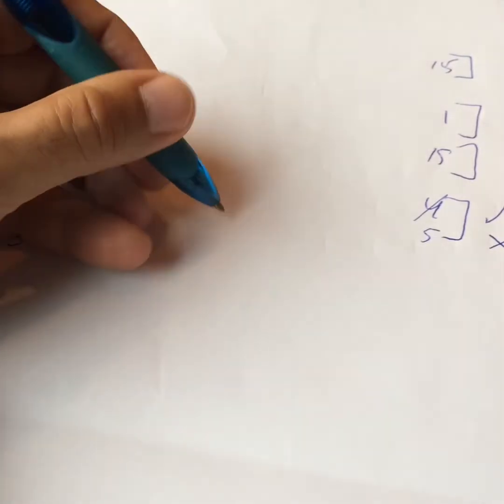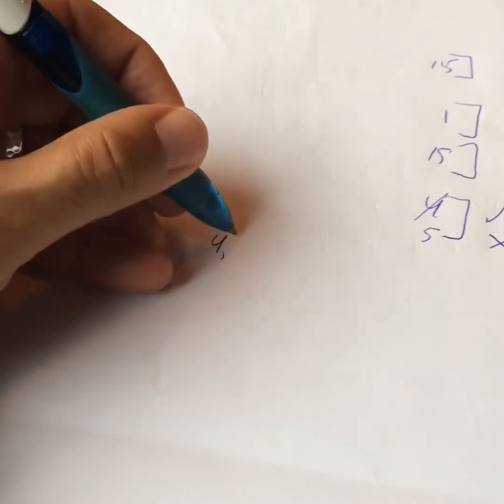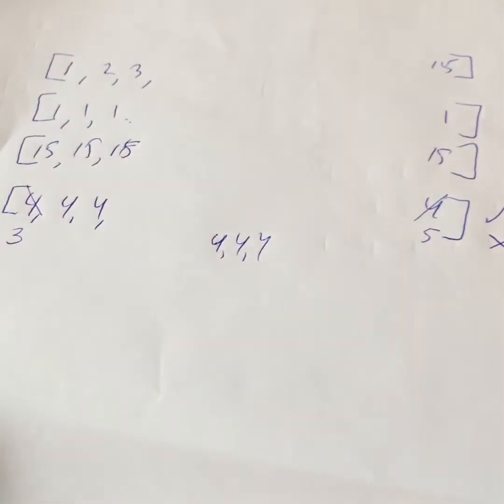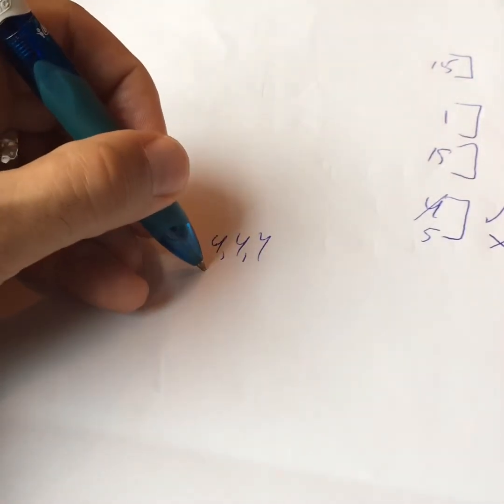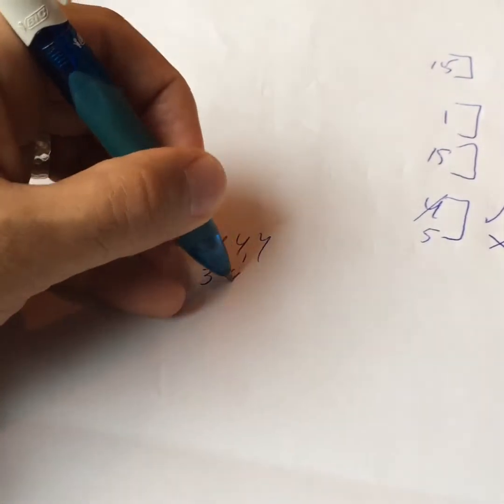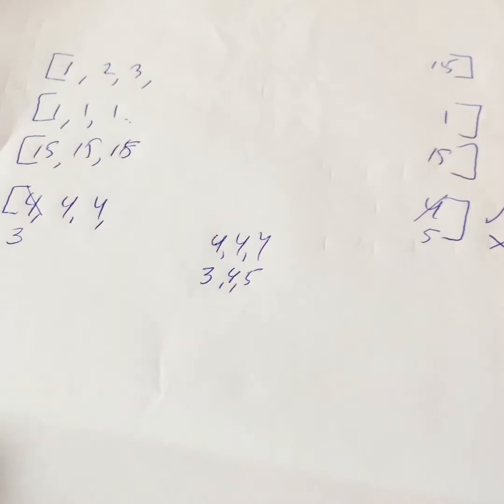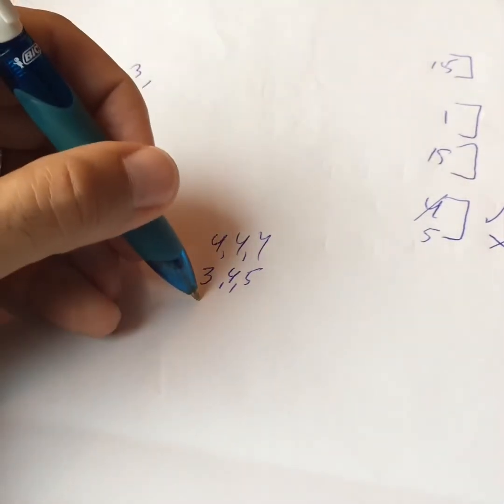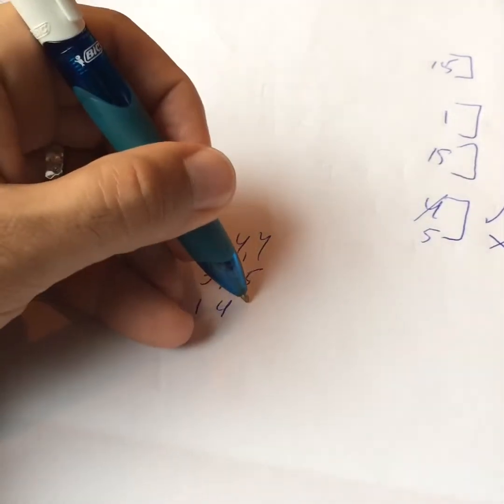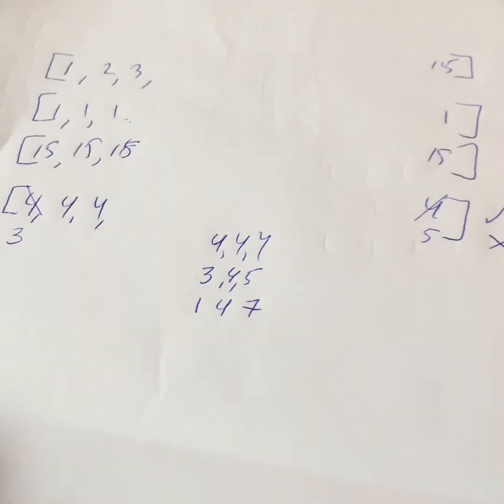Start easy, and clearly 4, 4, and 4 adds to 12, so that's great. And what else adds to 12? How about 3, 4, and 5? Those add to 12. How about 1, 4, and 7? Those add to 12 as well. So here's 3 different examples of triplet numbers that add to 12.